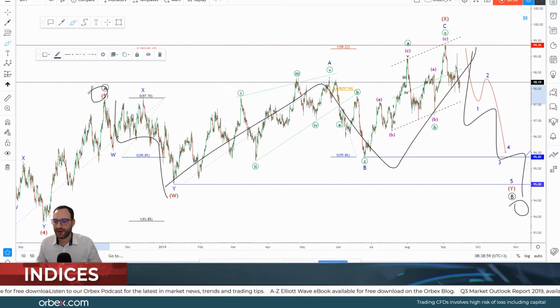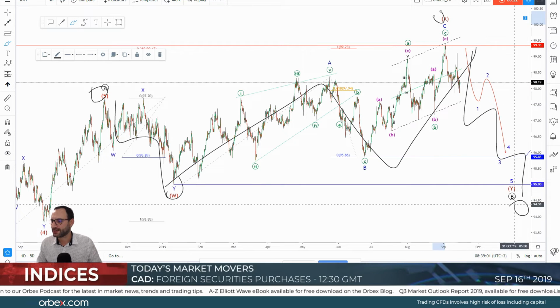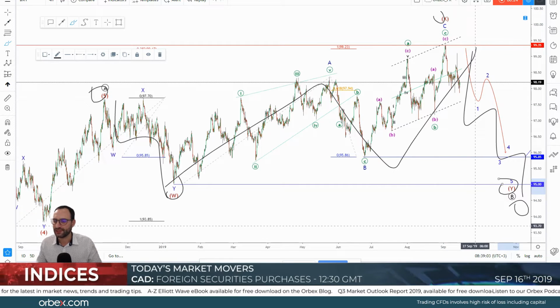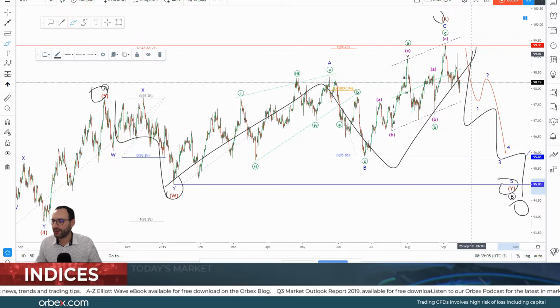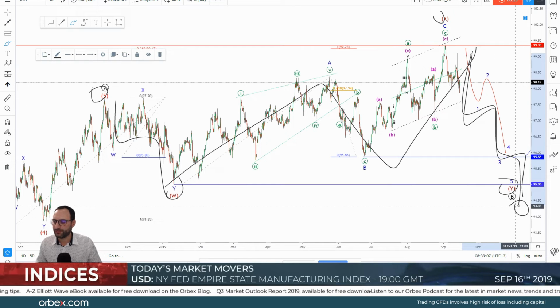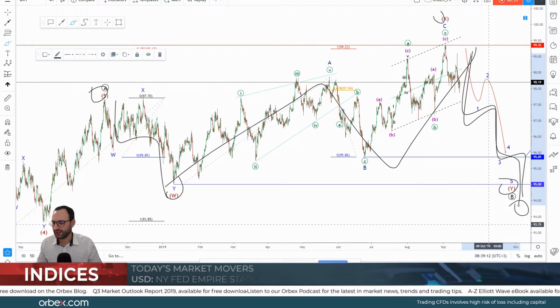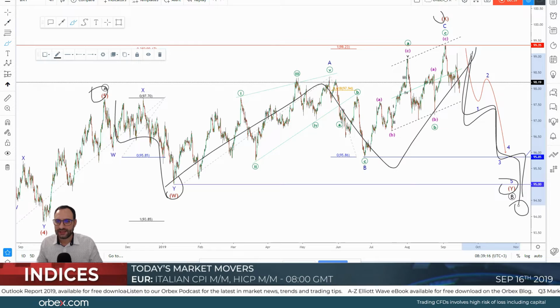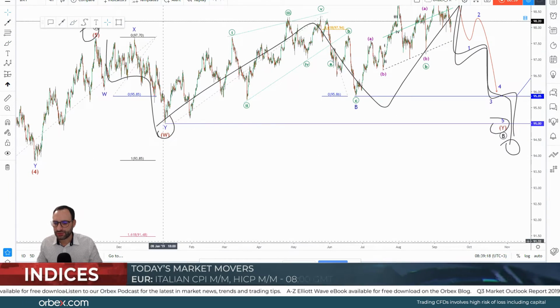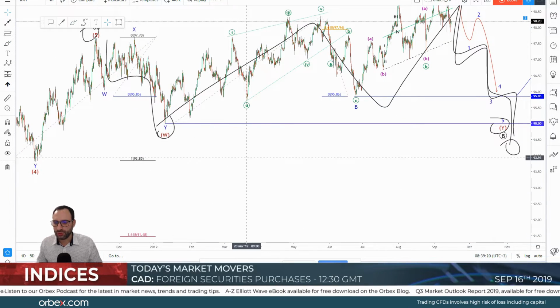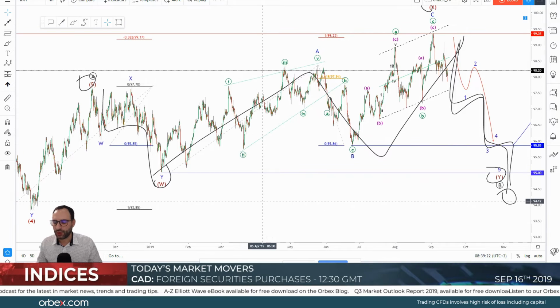We ended number 5 here, so W, X, and Y is what would actually give us this pattern. That means we're expecting an impulsive correction to the downside, or reactive, to be more precise. That could literally take prices down to 91 or so levels, according to Elliott wave theory.